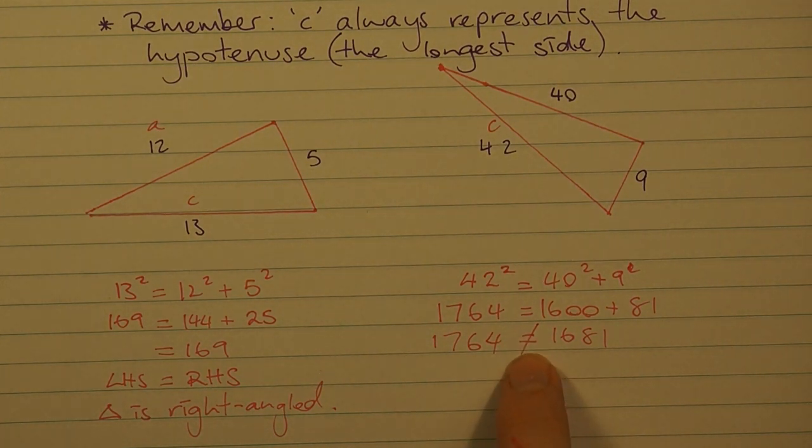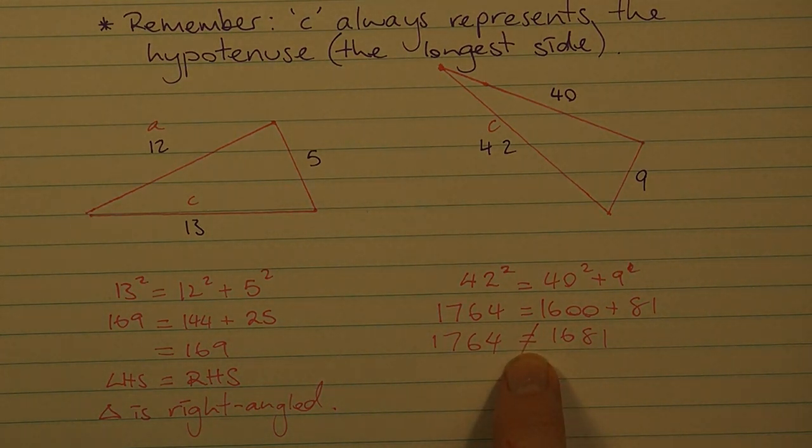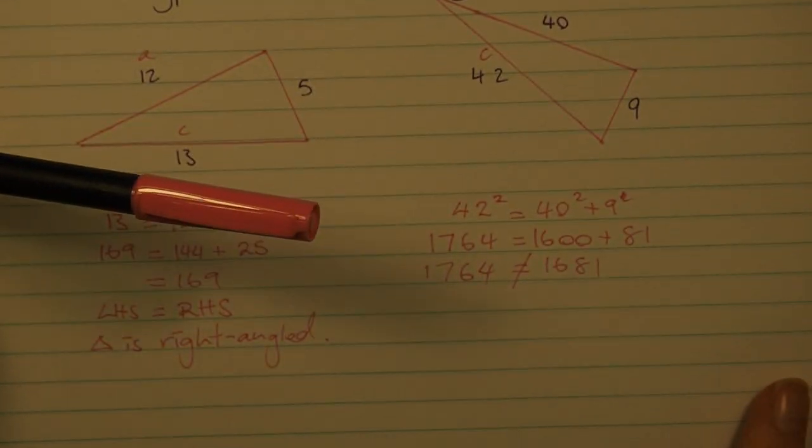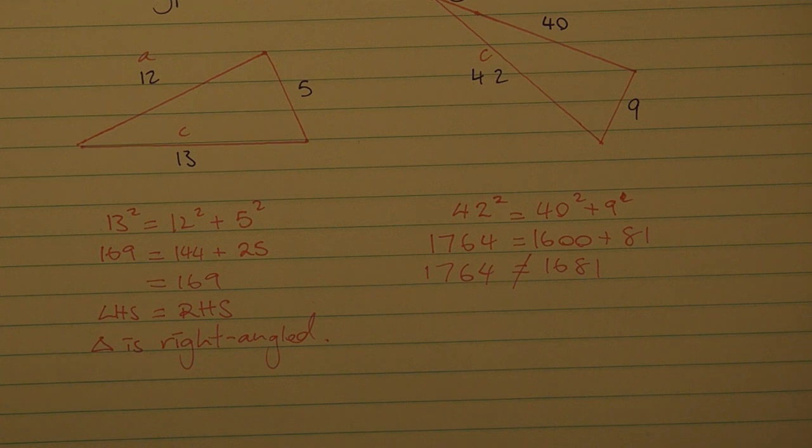Of course, this symbol, the equals symbol with a line through it, means does not equal. That's a mathematical symbol that you can use to say something does not equal something else. We need to make sure we're saying what we have found out.